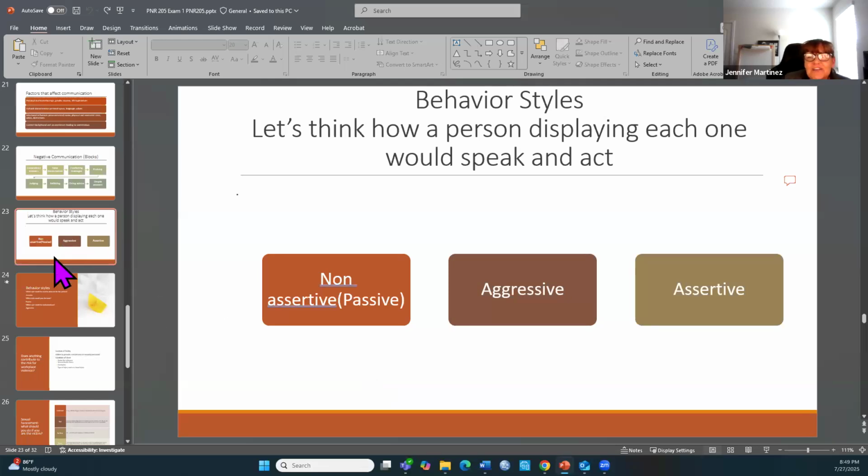All right, so tell me about the non-assertive, passive behavior style. Not wanting to answer questions or deflecting it, like, "Well, you'll have to ask the RN," or "You'll have to ask the doctor," just not being able to answer. Very good.